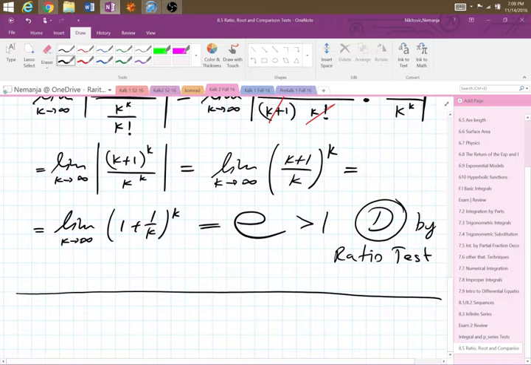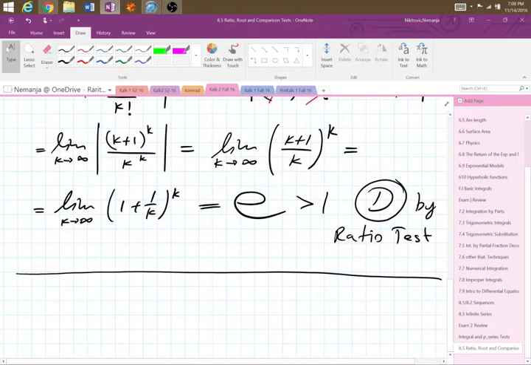So, let's see. How about, this looks like an awesome question. 2 plus 4 over 16 plus 8 over 81 plus 16 over 256 plus dot dot dot.